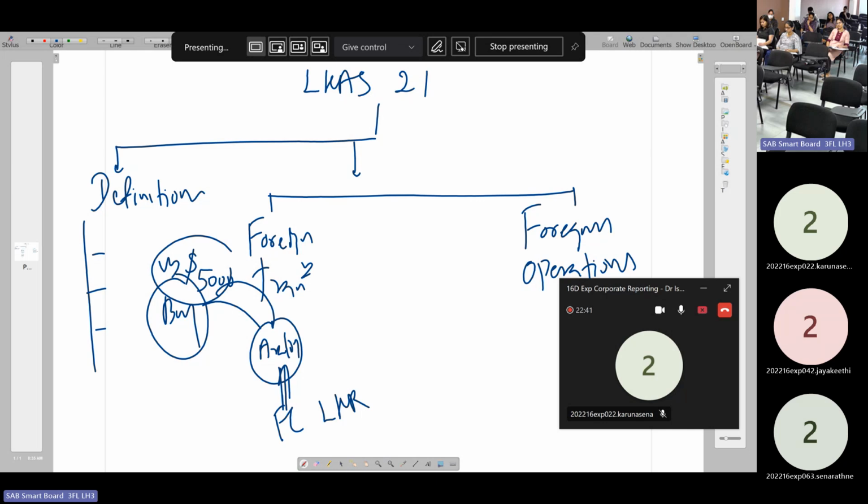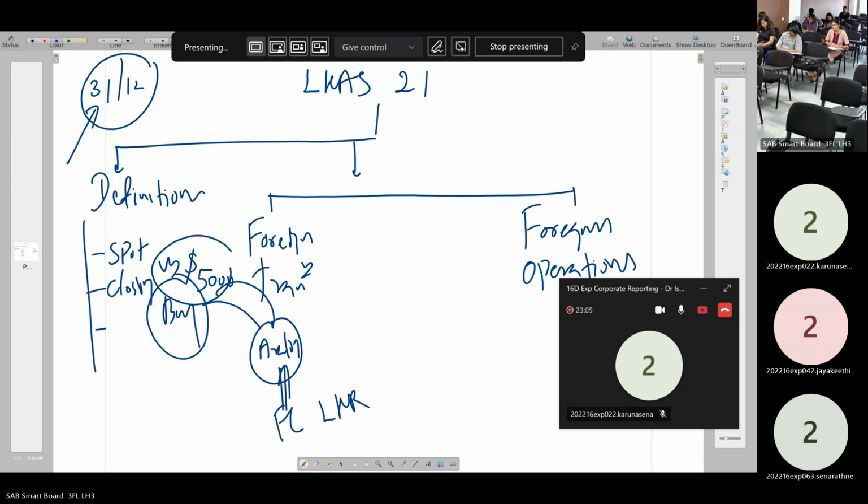The rate on the reporting date, the end of the year, let's say 31st December is the reporting date. The rate on this particular date is the closing rate.